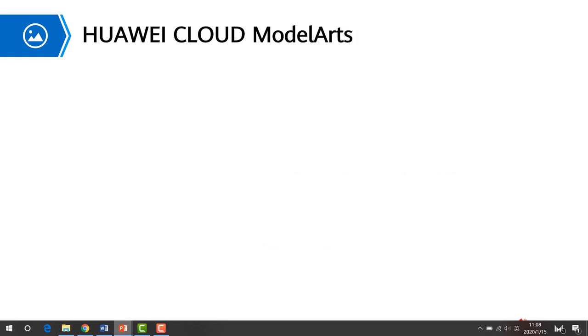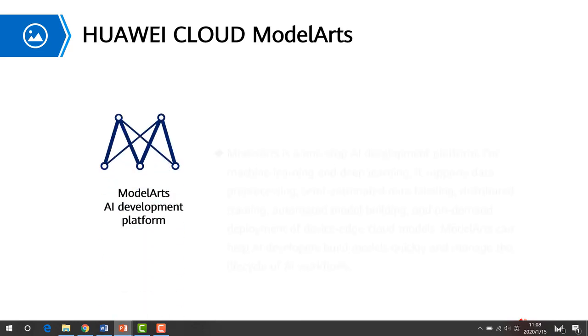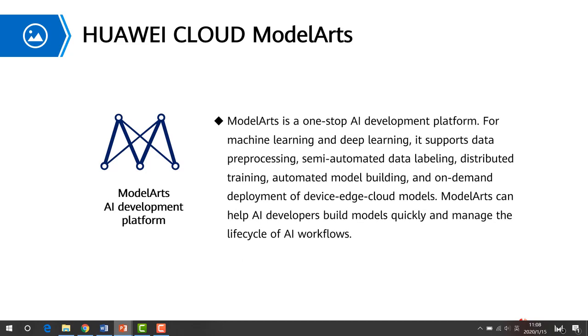For AI development, Huawei Cloud provides ModelArts to pre-process reams of data, with semi-automatic labeling, large-scale distributed training, automatic model generation, and on-demand deployment of device-edge-cloud models, helping users quickly create and deploy models and manage full-cycle AI workflows.